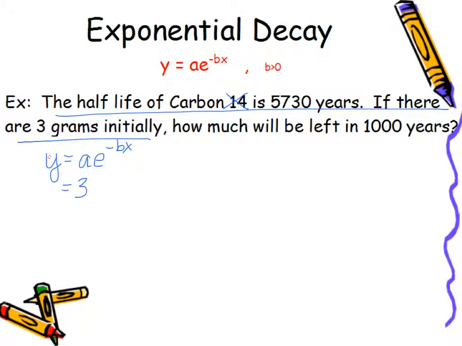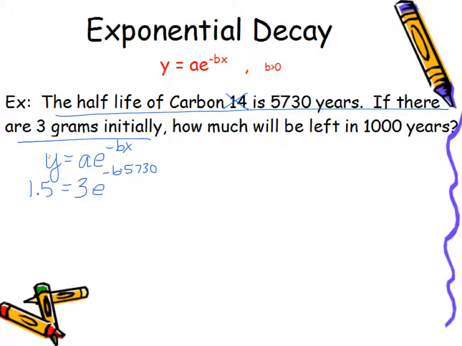Okay, if we're working through a half-life, if I start with 3, then I should end up with 1.5 as my ending amount. E to the negative, I don't know what B is for carbon-14, but X, remember, is your time, and so it's going to take me 5,730 years to get down to that 1.5.